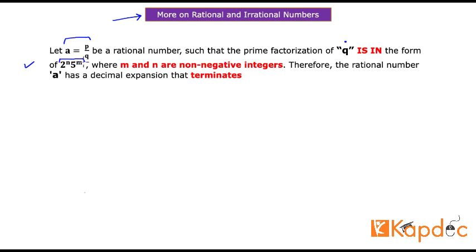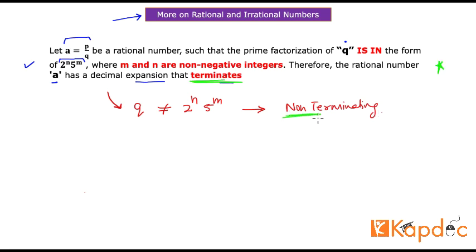Therefore, whenever you can convert the denominator of any rational into this form, then you will say that that rational number will result in a decimal equivalent having a decimal expansion that terminates, right? If Q cannot be written in the form of 2 to the power n, 5 to the power m, then it will be a rational number that has a non-terminating decimal expansion.